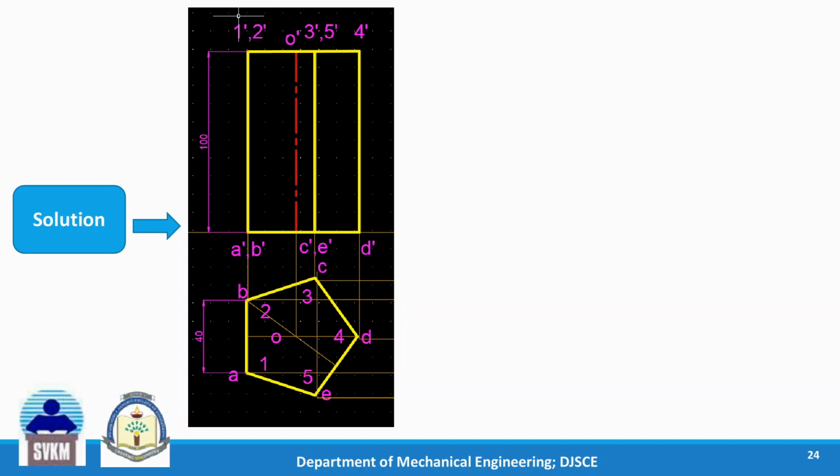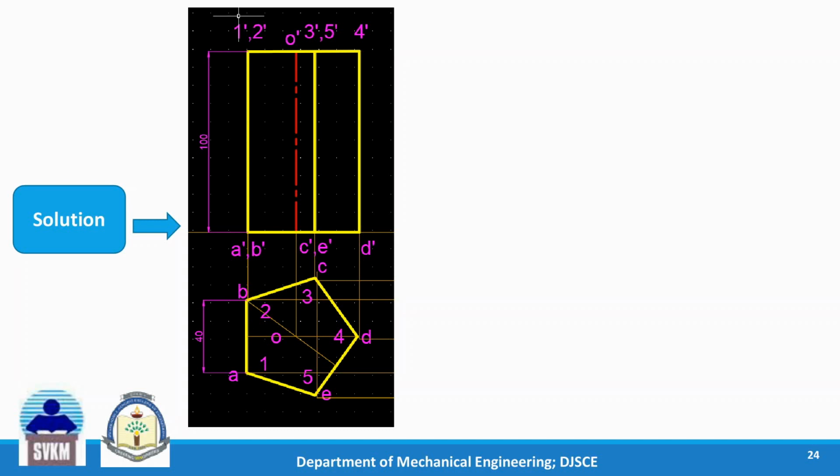Then we have drawn the front view. We see from this side, so we are going to see this face and this face. This is one of the faces, and for this face this rectangle is there in the front view, and then the axis is also shown here.